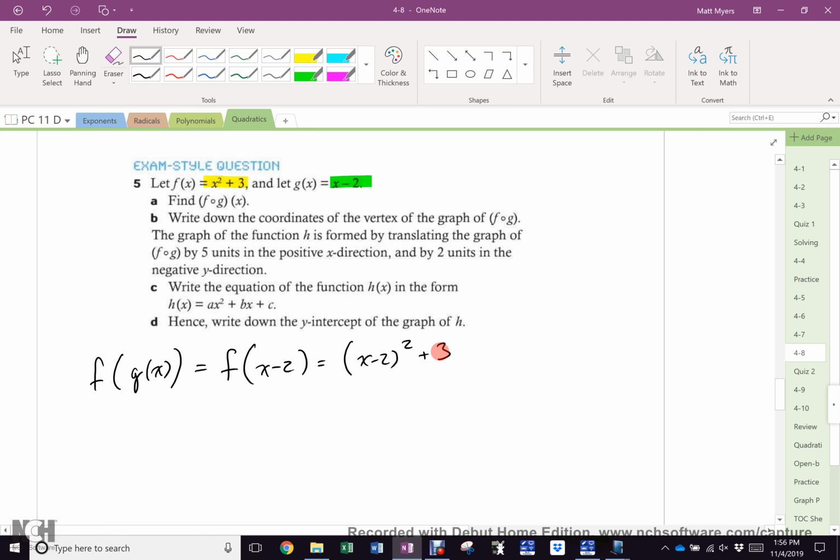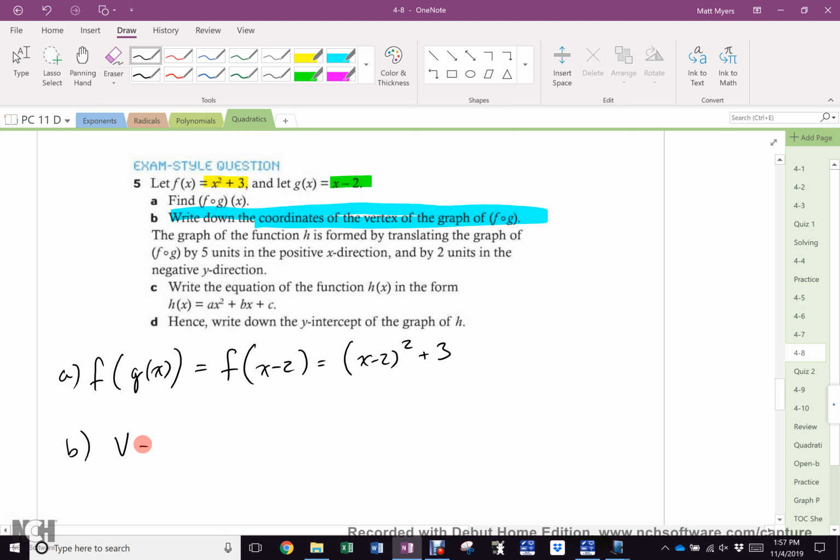Now, if I stop right there, can I write the coordinates of that vertex from that? Isn't that vertex form? Great. So there's A. What's the coordinates of that vertex?